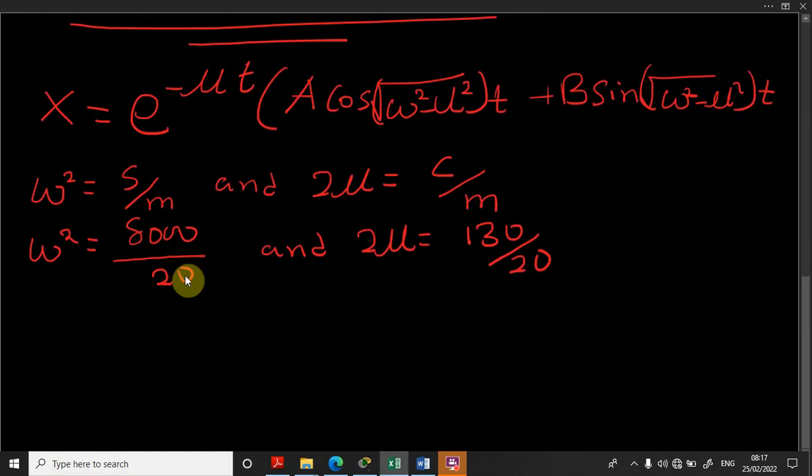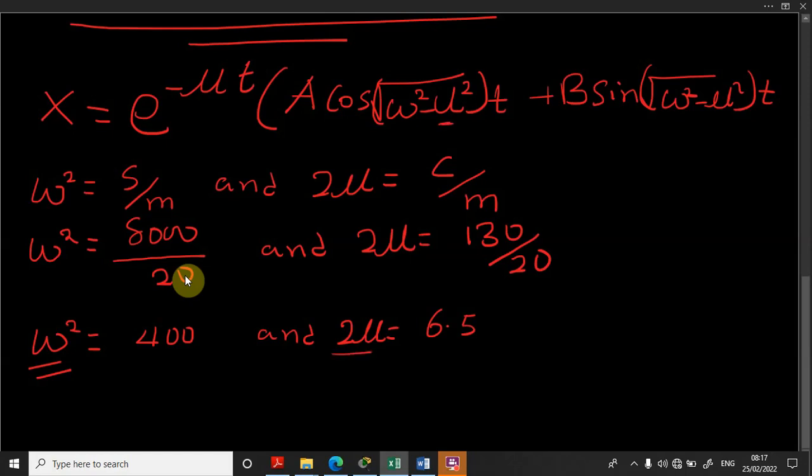So we have omega squared yielding 400 and 2 mu yielding 6.5. We have to find our mu and mu squared.